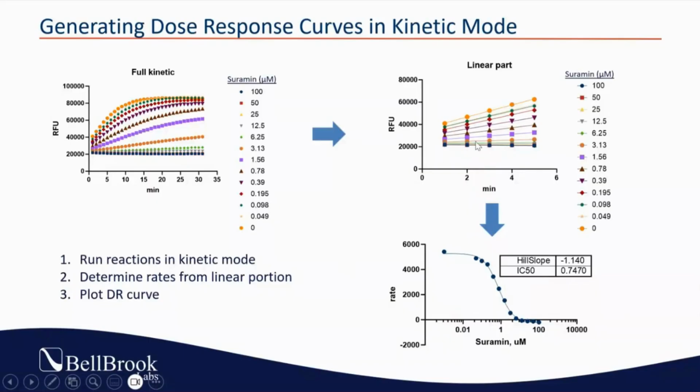In that case, this was from about 1 to 5 minutes. And then you convert that to rates, determine the slopes of these lines, and from that you plot your dose response curve. And that way you're going to get very accurate IC50s based on the initial velocity of the enzyme.